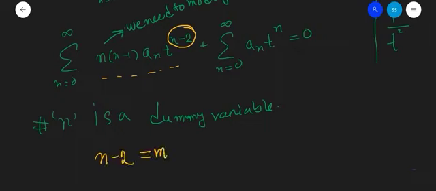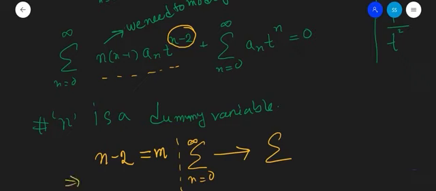And if you do that, your summation will now not be from n equals 0 to infinity, rather it will transform into m plus 2 equals n, so let me just write it down for your convenience. And when n is 0, this means m equals minus 2.